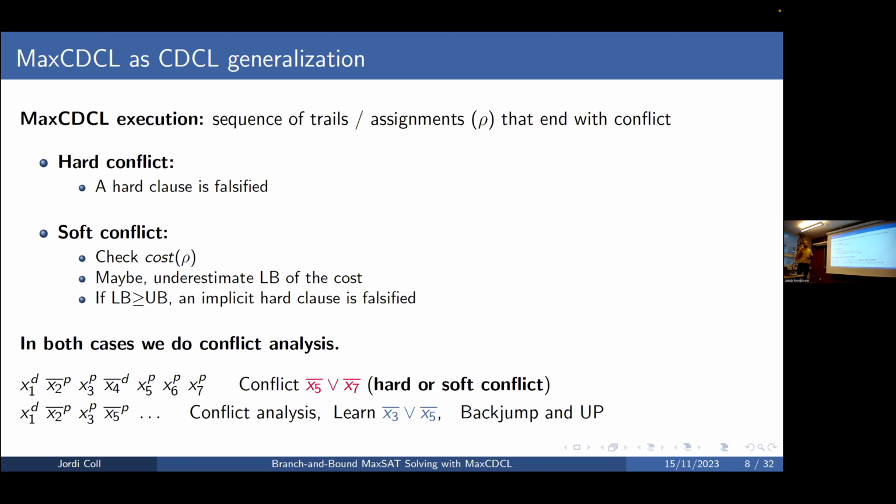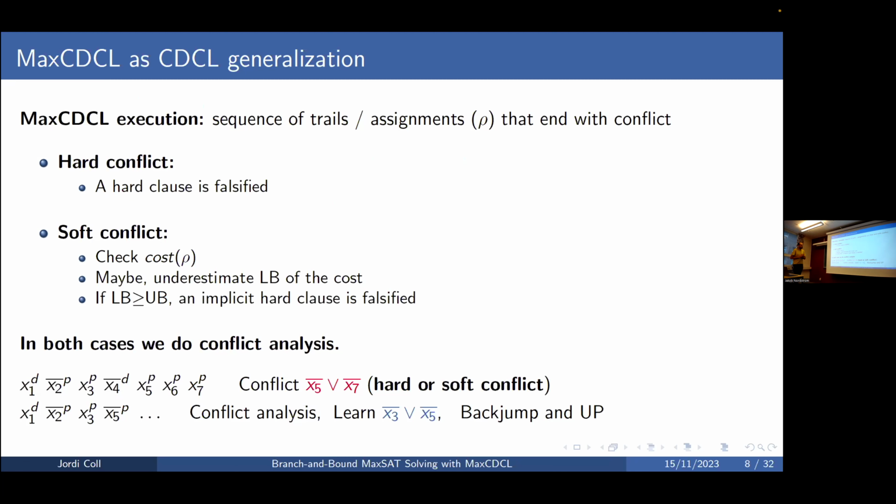We distinguish two kinds of conflicts. On the one hand, we have hard conflicts. A hard conflict is the classical conflict in a CDCL SAT solver, meaning we falsify a hard clause. Okay, this can happen. And on the other hand, we have soft conflicts. A soft conflict happens when the lower bound reaches the upper bound. Okay.